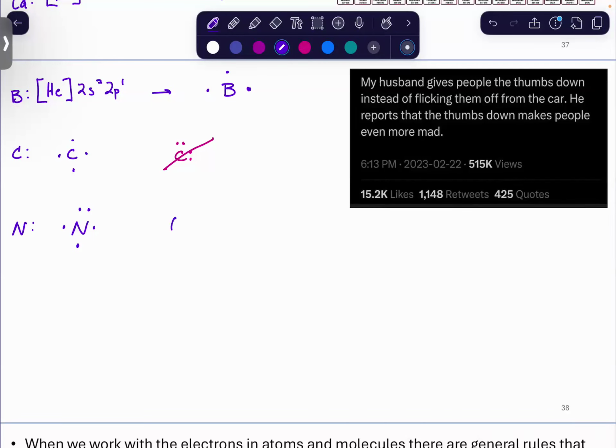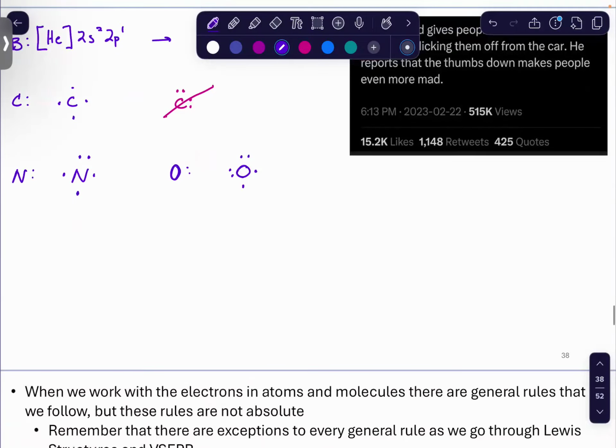No, hang on. Oxygen. Oxygen is six. So we'll do one, two, three, four, five, six. We'll do fluorine with seven valence. One, two, three, four, five, six, seven.